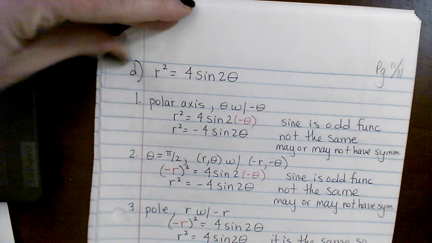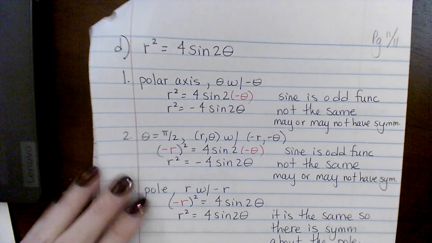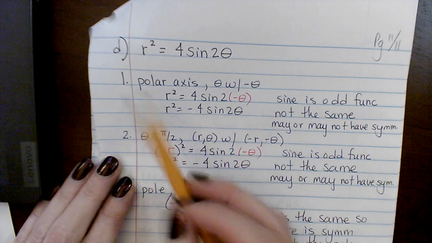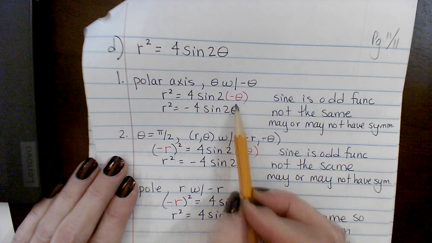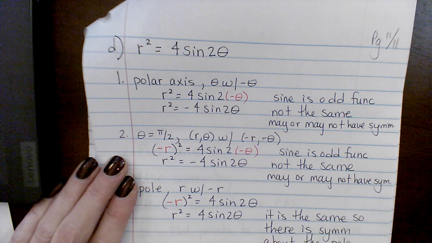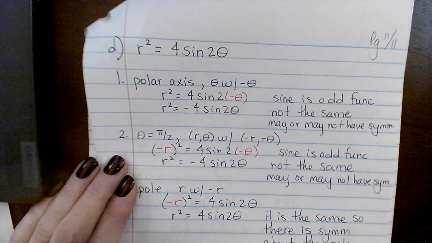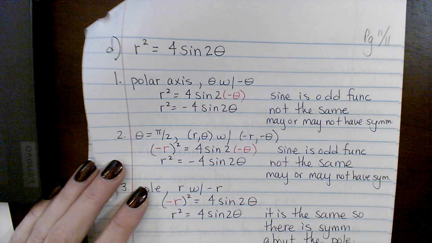Okay, last one for this section. And this one's going to have an r squared in it. So for the polar axis symmetry test, we're going to replace theta with negative theta. The sine function is an odd function, so that negative is going to come out in front here. And that is not the same as the original function, so the test is inconclusive.